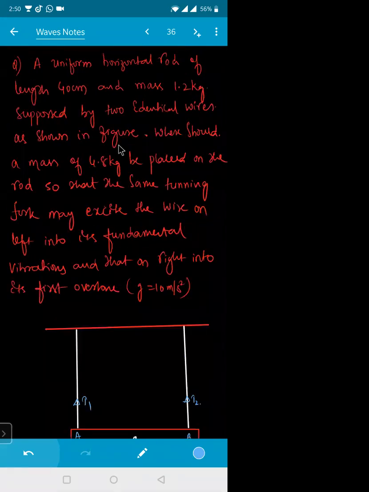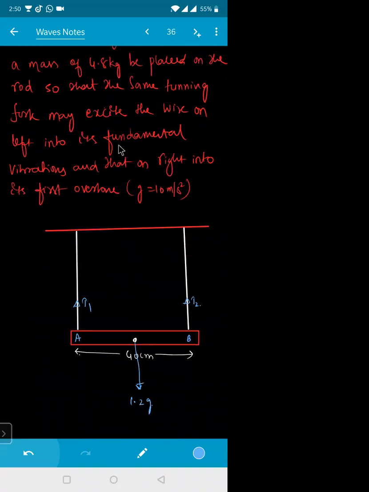A uniform horizontal rod of length 40 centimeter and mass 1.2 kg. The length is in centimeters, the mass is in kgs, so we need to convert the length into meters. Supported by two identical wires as shown in the figure. Where should a mass of 4.8 kg be placed on the rod so that the same tuning fork may excite the wire on the left into its fundamental vibration and that on the right into the first overtone? What does that mean?